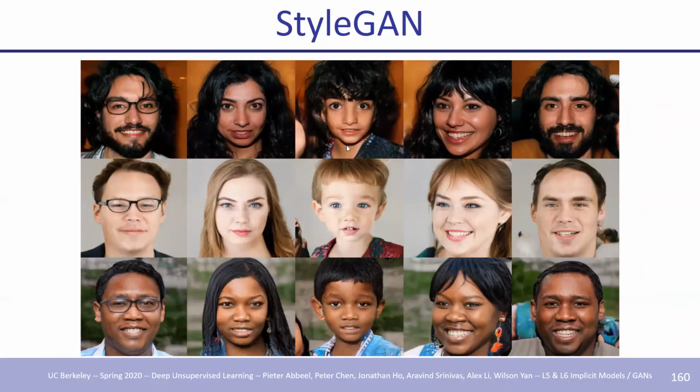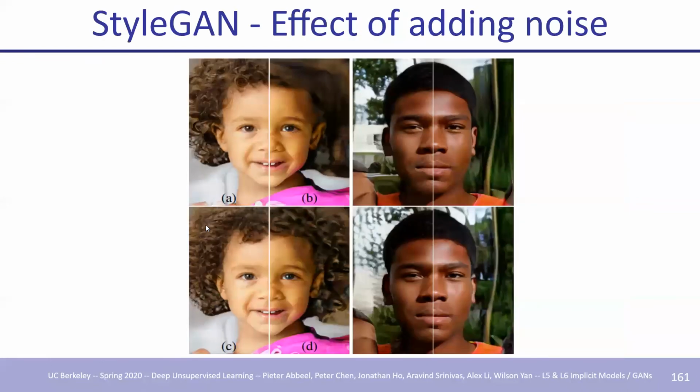So I think it's supposed to be the same boy, but then the different features being changed. And this one shows the effect of adding noise. If you don't add noise, then it looks very oil painty, but the other side looks much better if you add noise. So that's the reason they add noise.